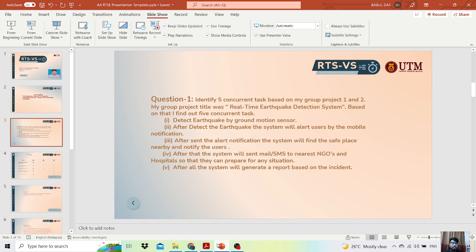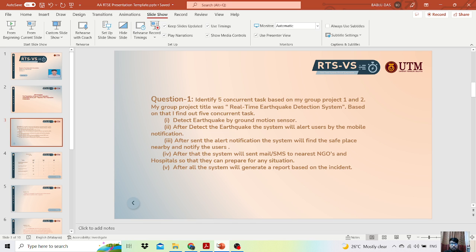From that I found a total of five concurrent tasks. Number one, detect earthquake by ground motion, which will be from the ground motion sensor. The reason is that the sensor is always going to detect the earth motion. If there is something unusual in the motion, it will immediately alert as an earthquake.